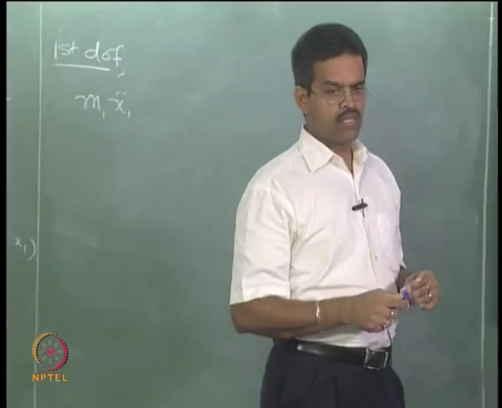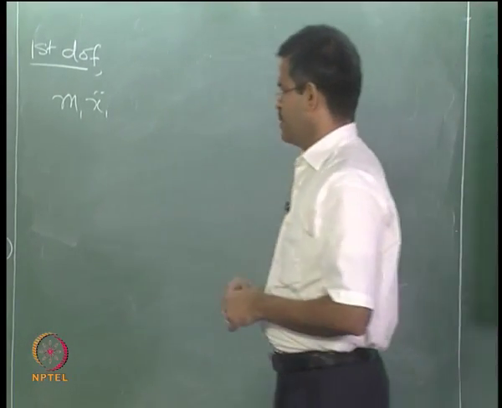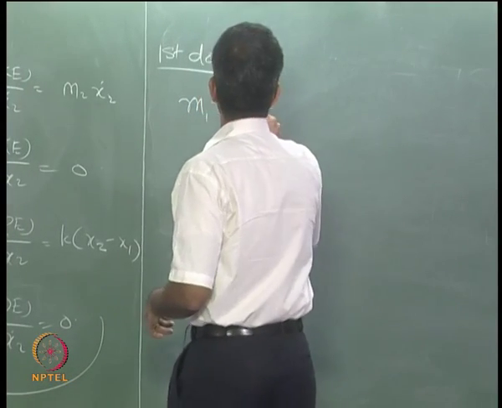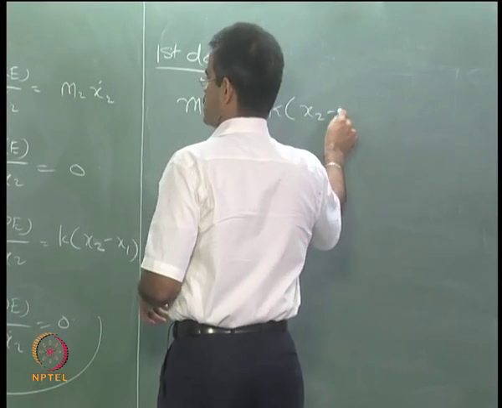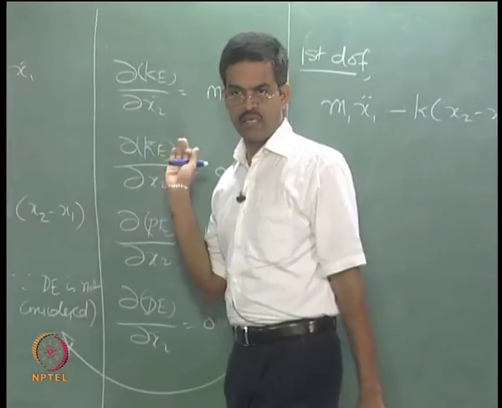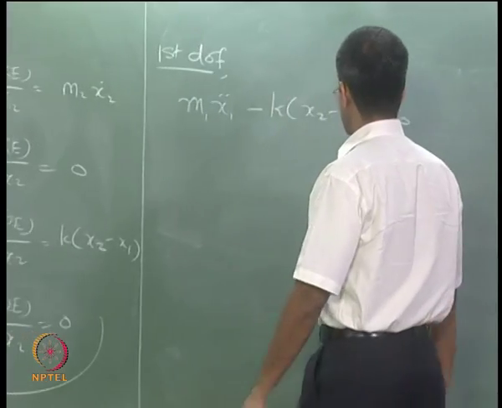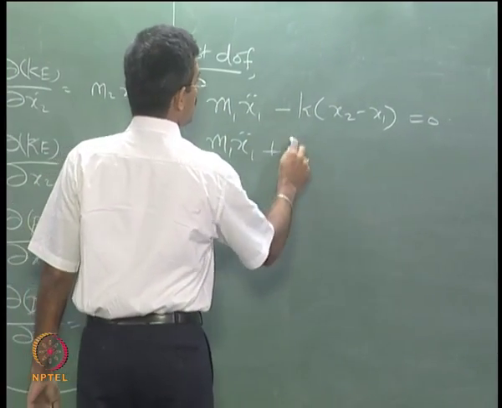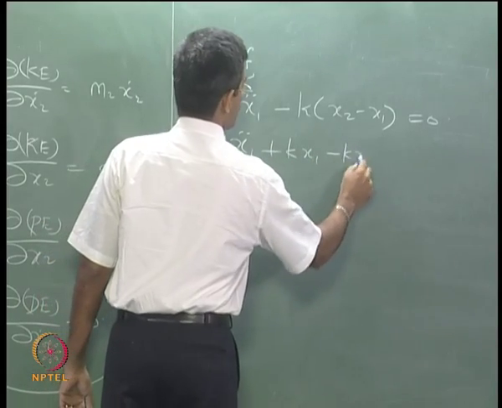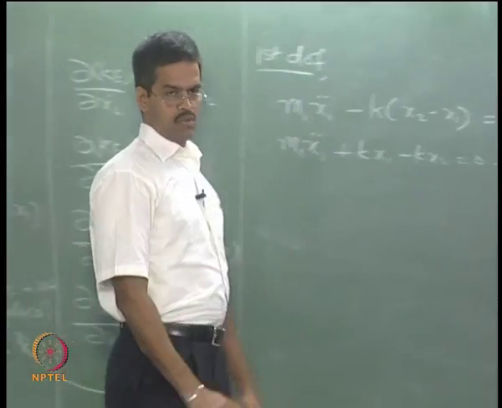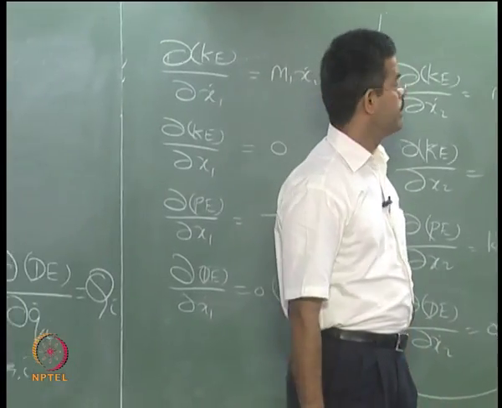I am differentiating this with respect to time, minus k of x2 minus x1, and the right side will be 0 because there is no Q1 acting in the model. So I should say m1 x1 double dot plus k of x1 minus k of x2 is 0, which will be my first equation of motion for this problem.